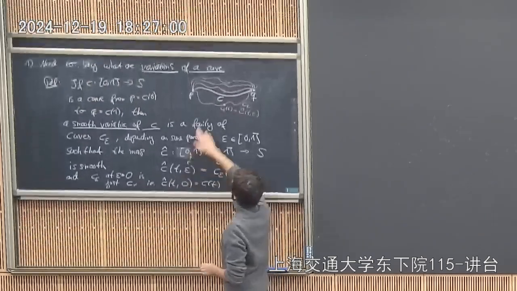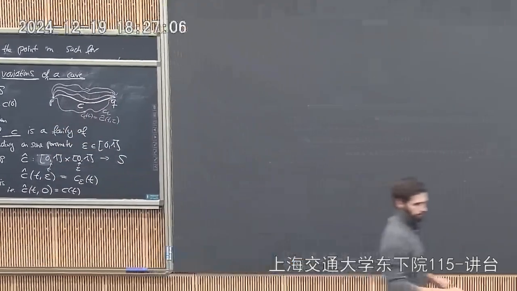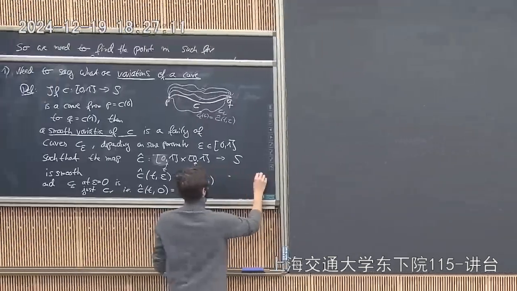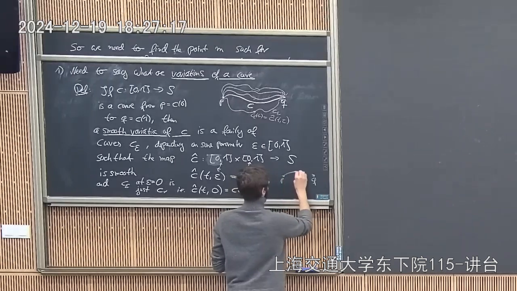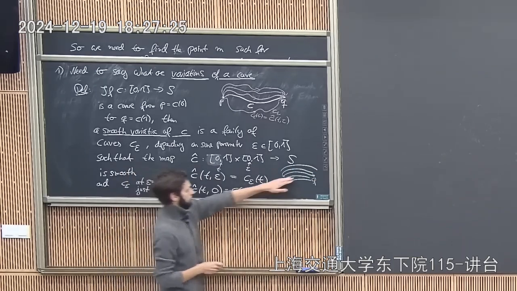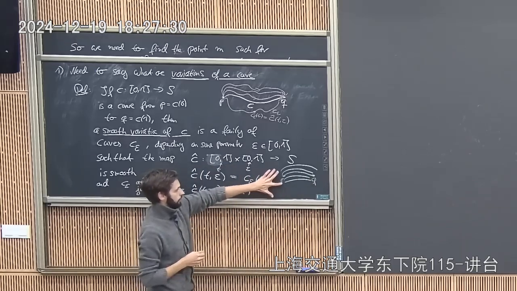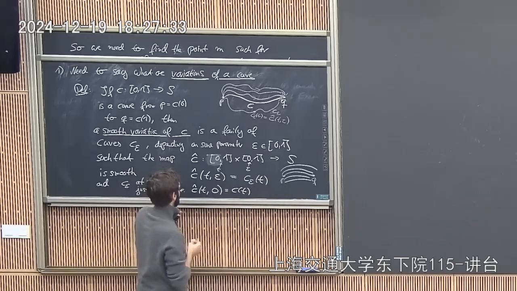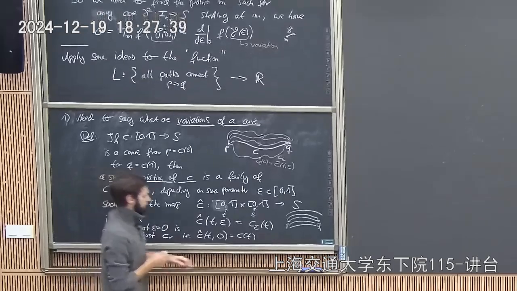The picture up here looks like they all start from p and go to q, but this definition would also allow my family to have different p and q. We get such a family, and that would also be a variation of the original curve, but in this case the endpoints would change as well. So sometimes you need to allow changing endpoints in variations, and sometimes you don't.